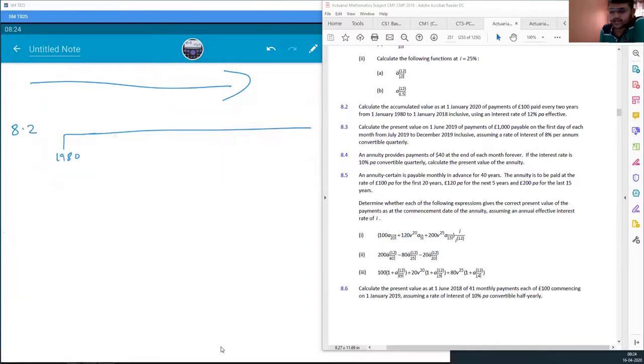Then the payments are every 2 years. I'll keep a gap of 2 years. I'll have 1982, 1984, and so on till my last payment is on 2018, and we have to find present value at 2020, actually future value at 2020.